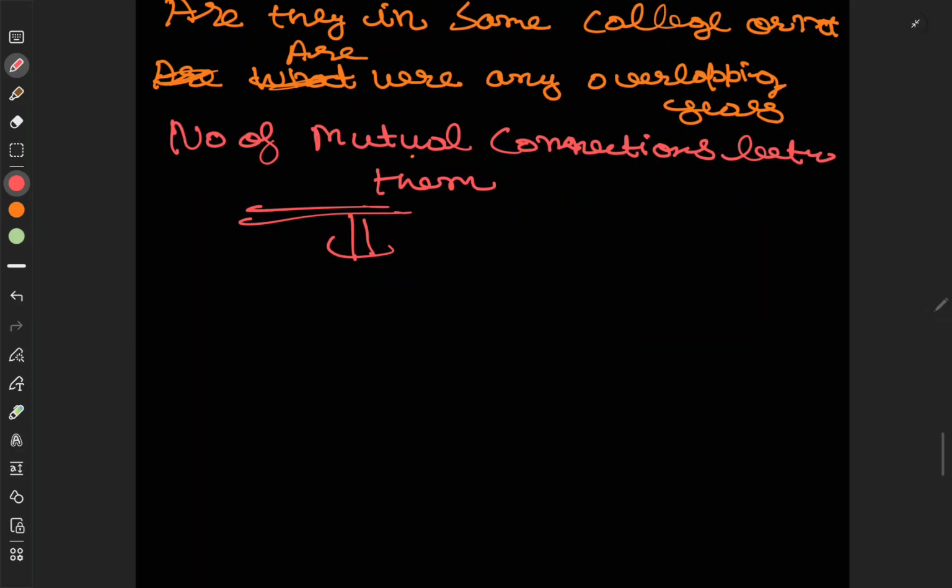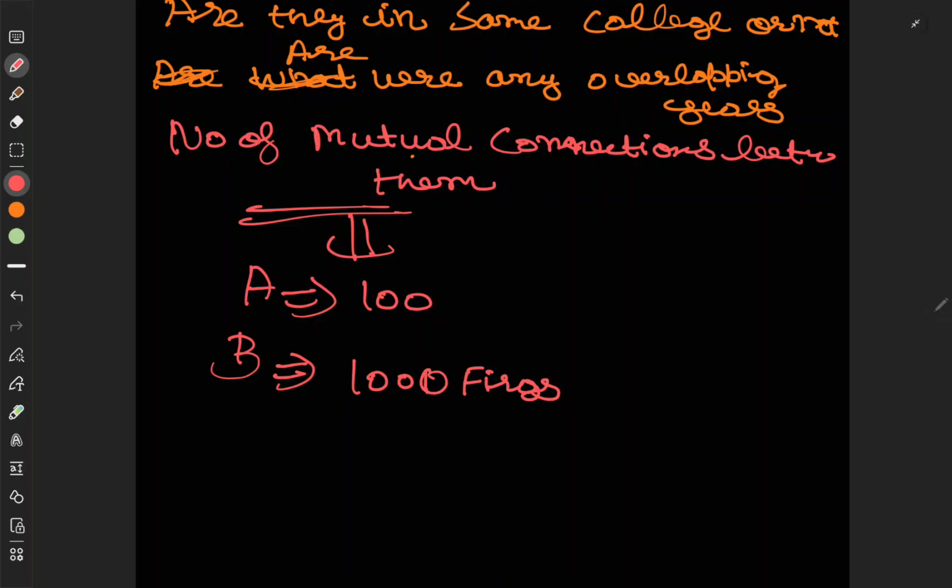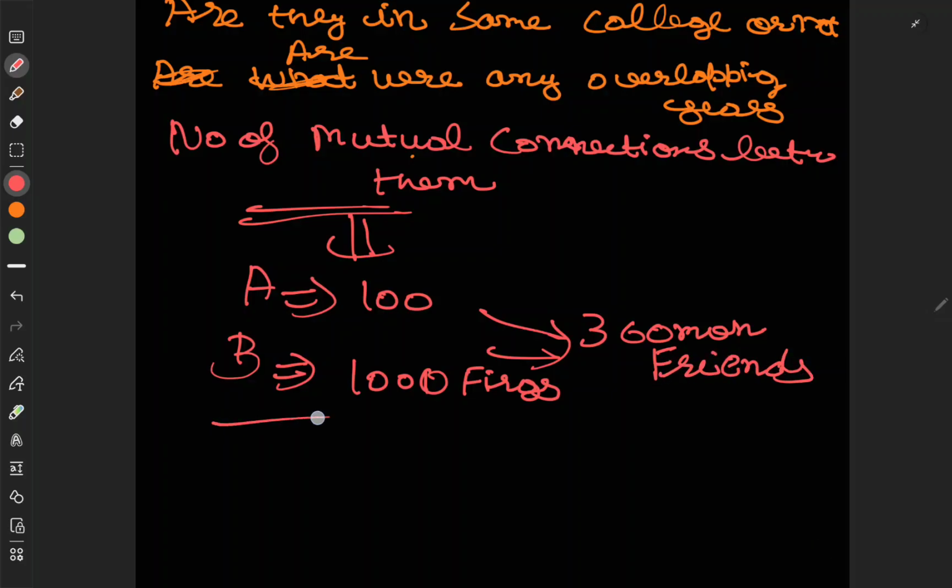Let's say A has 100 friends on the platform, and B has 1000 friends on the platform, and there are just three common friends between them, just three.